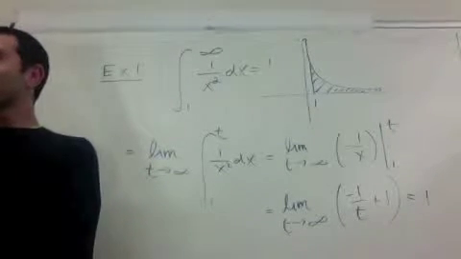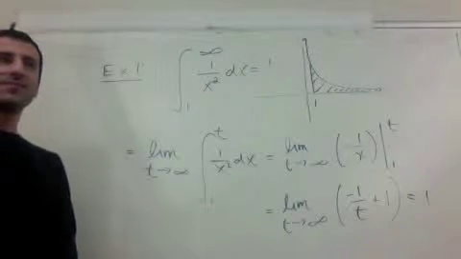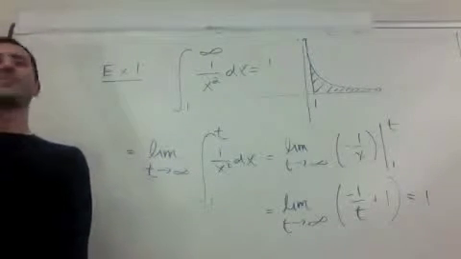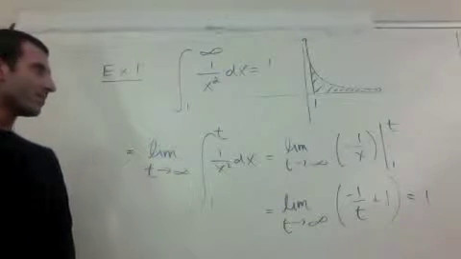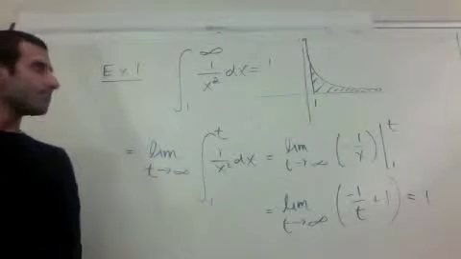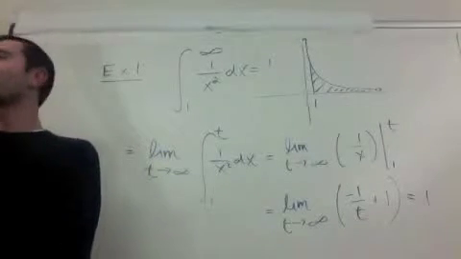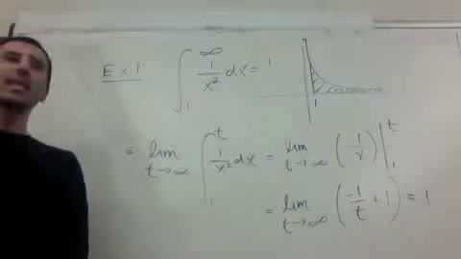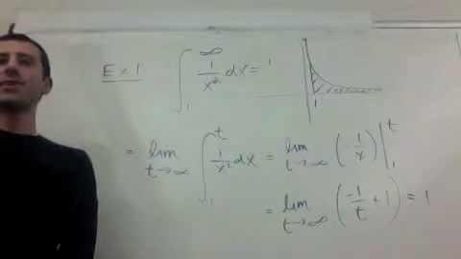So the area underneath that curve from 1 to infinity is 1 unit squared, if you will. Pretty cool? Makes sense? So we say this integral is convergent because its limit is finite. Just like the stuff you guys learned last year.